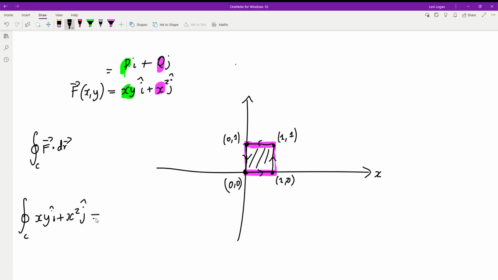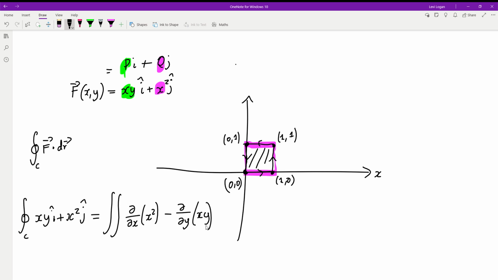Okay. Now, Green's theorem: just write the double integral. Leave the bounds for now, and you want the partial derivative of this function here with respect to x, so x squared, minus the partial derivative of that with respect to y. Now, if the vector field is conservative, this whole thing would be 0.